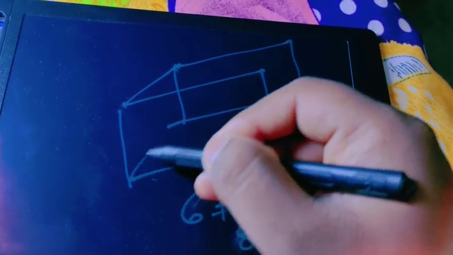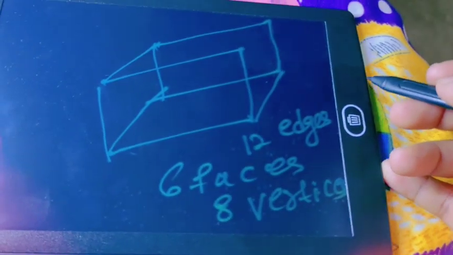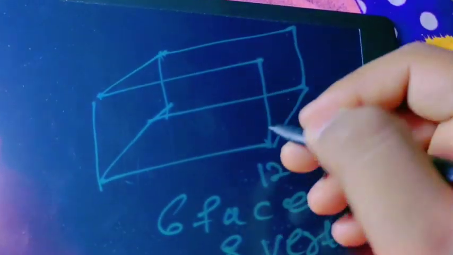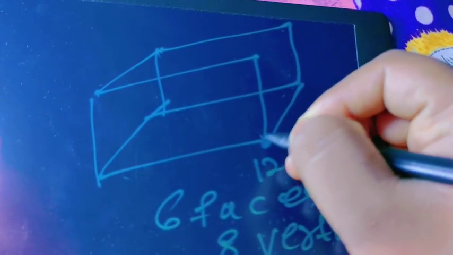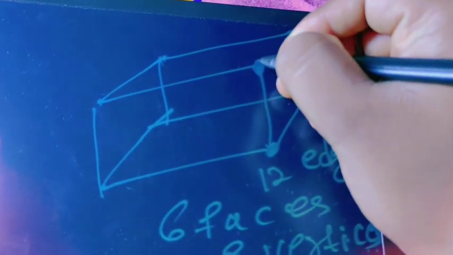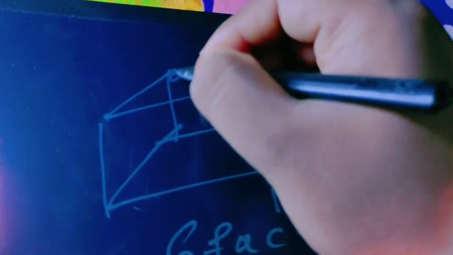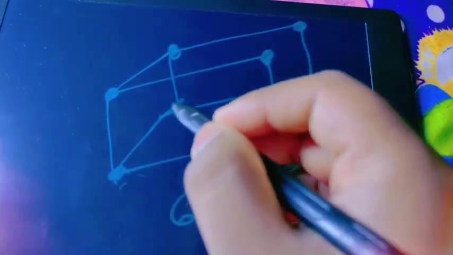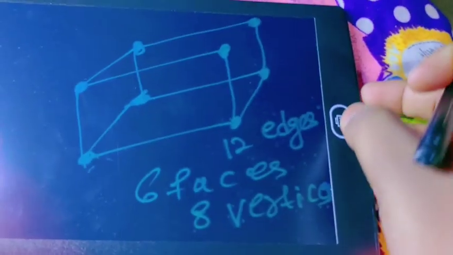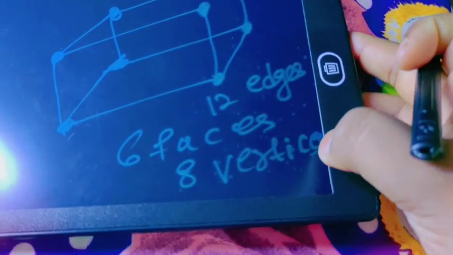First, the 8 vertices of this cuboid: 1, 2, 3, 4, 5, 6, 7, 8. A cuboid has 8 vertices.